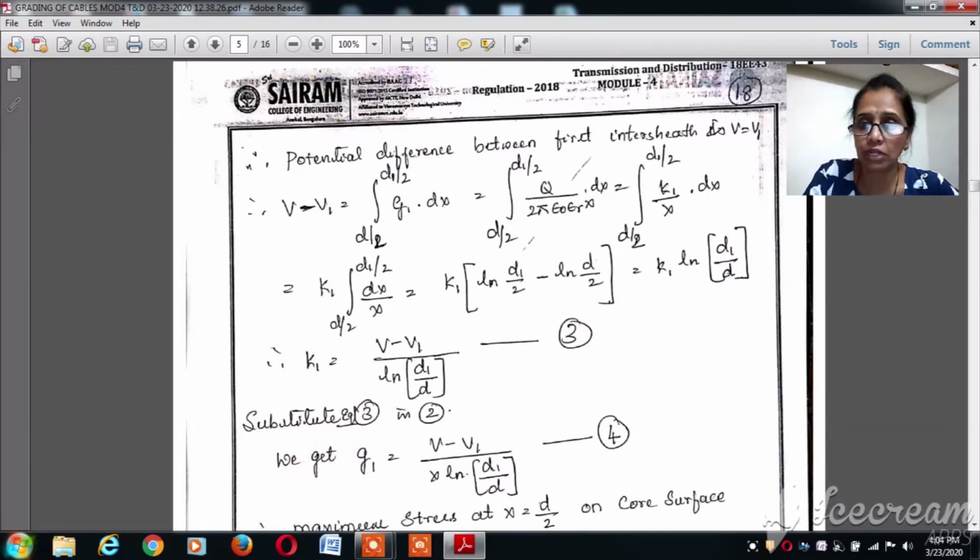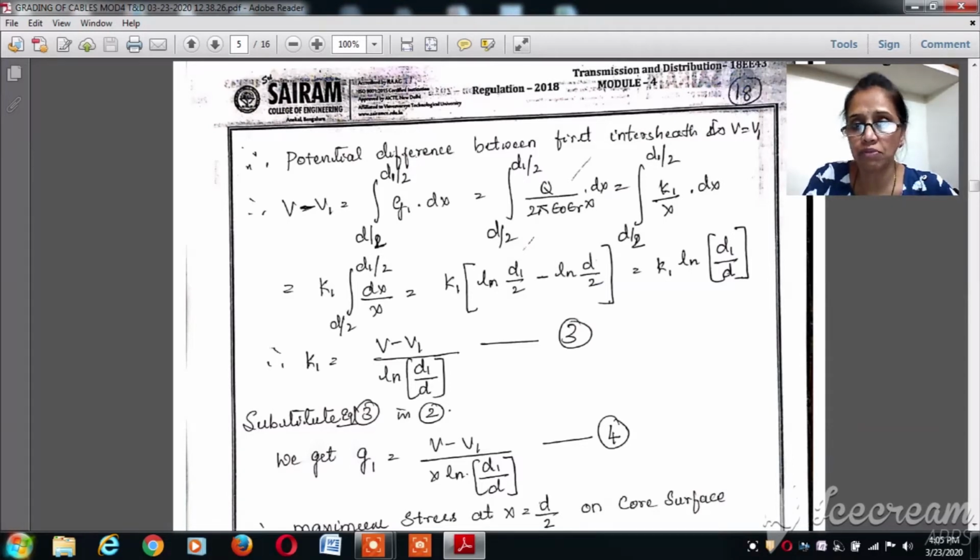Let's find out the potential difference between the first intersheath and the core. The potential difference between the core and the first intersheath is V minus V1. When we say V is the total potential, V minus V1 will be equal to the integral from D by 2 to D1 by 2 of G1 into dx, because we are moving from the core to the first intersheath.